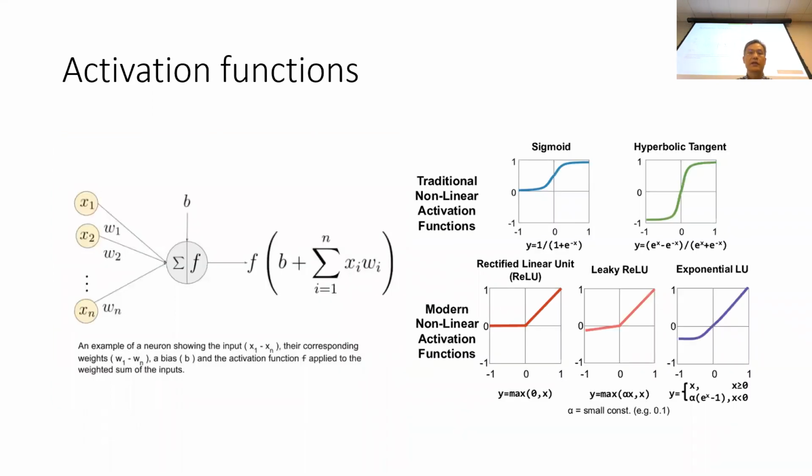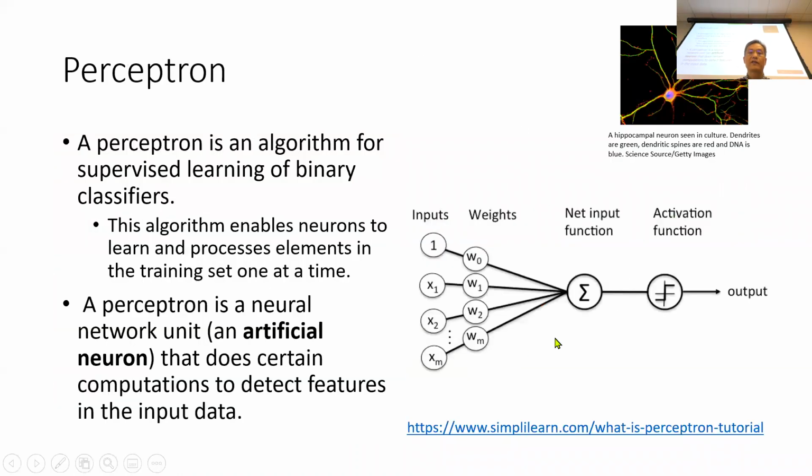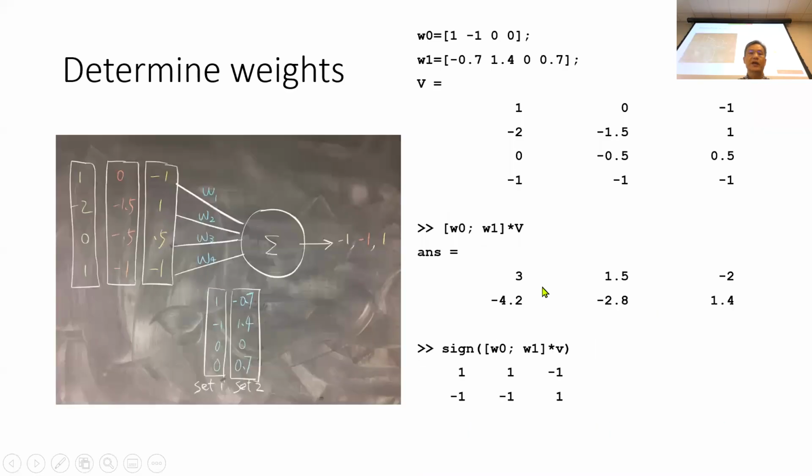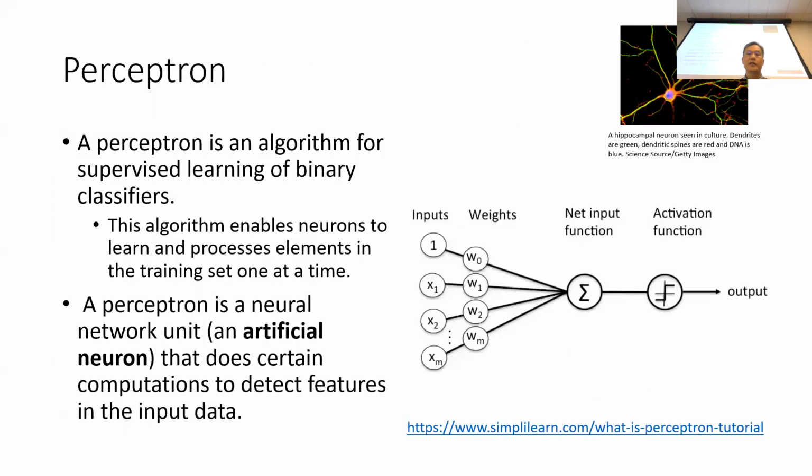And oftentimes you want to have a further process. In our case, the further process is just a sign function. If I have a positive value, it gives you +1. If a negative value, it gives you -1. So in that case, this activation function is just a sign function.